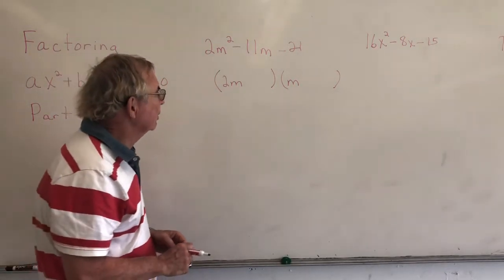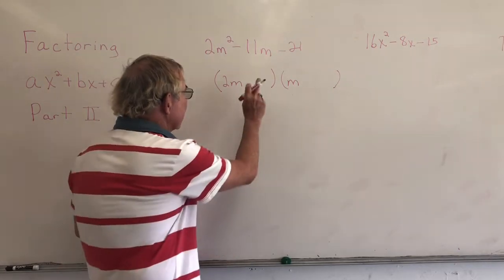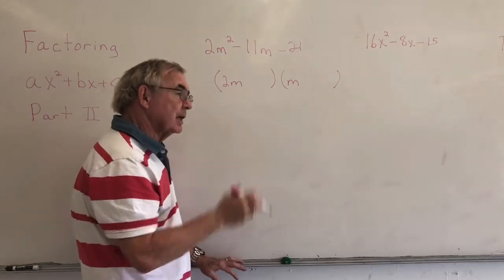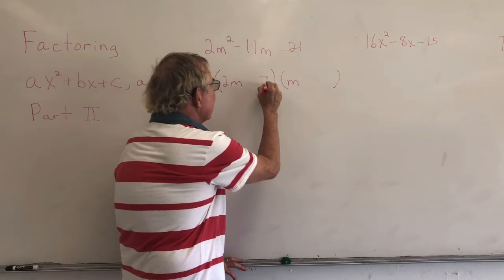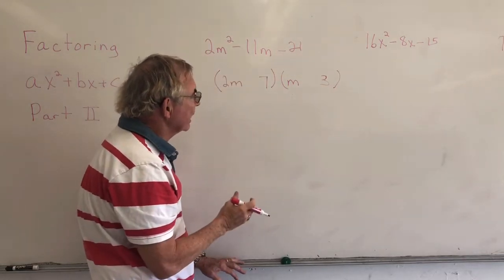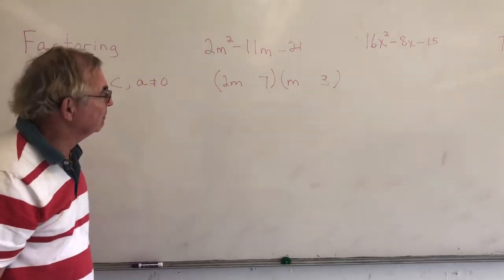I say, well, where would you like to put the 7 and 3? Well, you could put the 7 here or the 3 there. So a lot of times I like to do one that may not be the exact answer. So let's put 7 and 3. Because when students learn how to check, then they're more likely to get it correct.